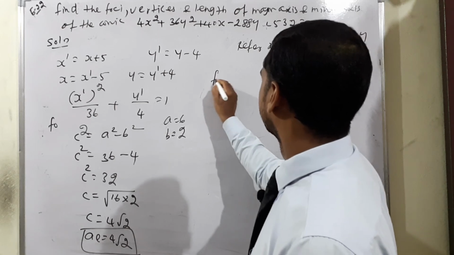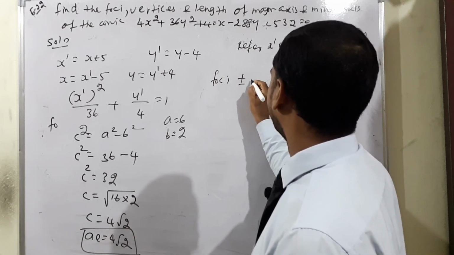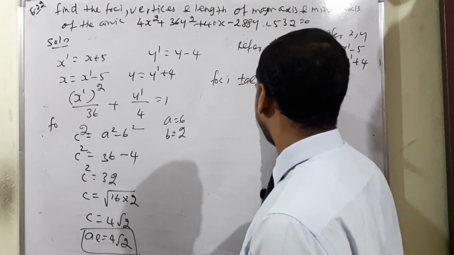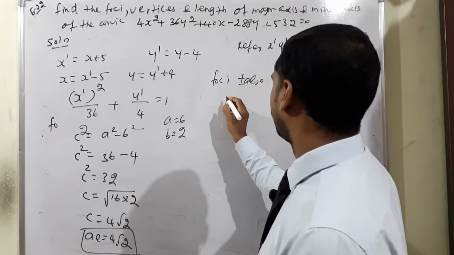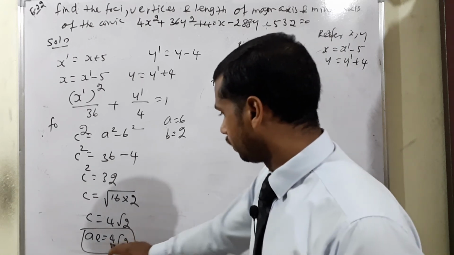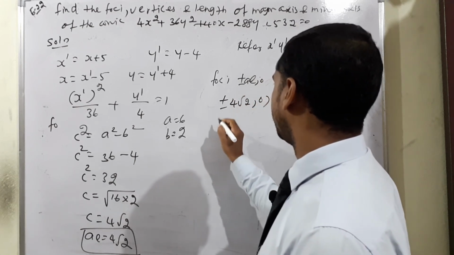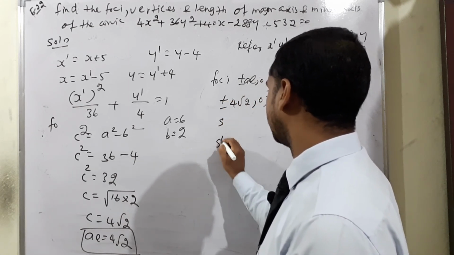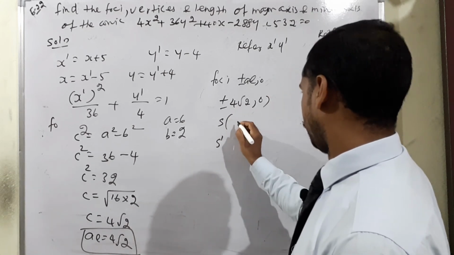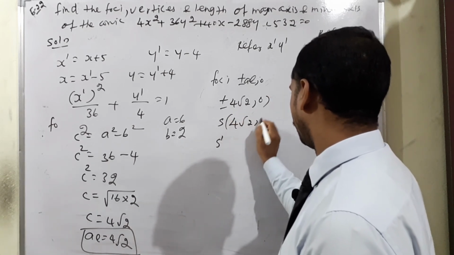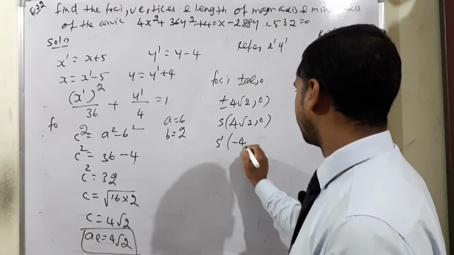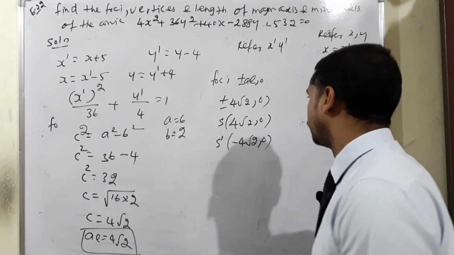Foci means plus or minus ae comma 0, so plus or minus 4 root 2 comma 0. The positive one, 4 root 2 comma 0, is S, and S dash is minus 4 root 2 comma 0.